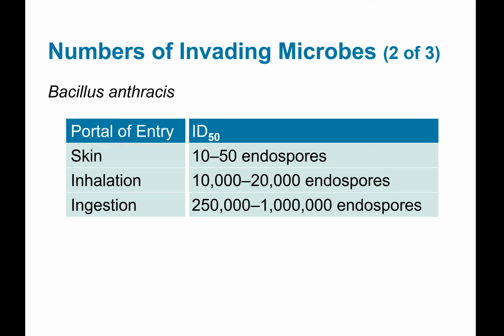But if you inhale the endospores, you would have to inhale 10 to 20,000 before you get anthrax. And if you ingest the endospores, you would have to ingest 250,000 to 1 million. So you can see the ID50 can vary based on the portal of entry.